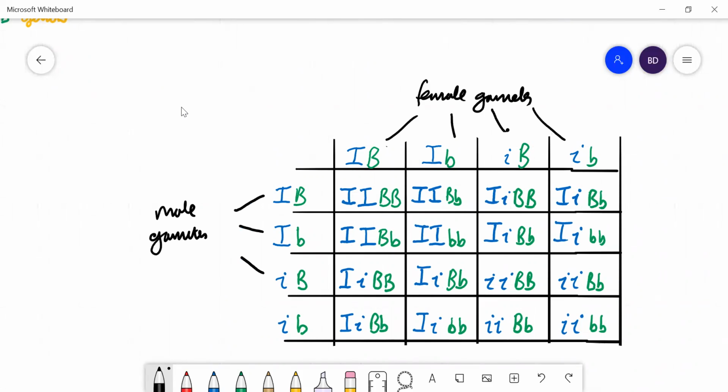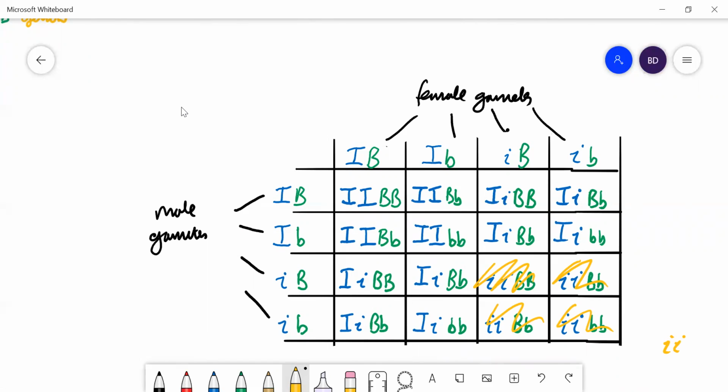So let's color code what color we're going to get there. First of all, let's look for the yellow ones. For any yellow ones, you need a double recessive ii genotype there. So that's going to be yellow. That's going to be yellow. That's going to be yellow.